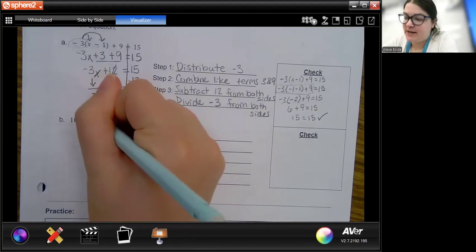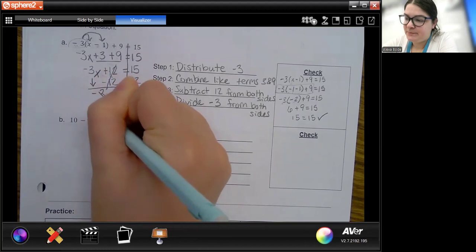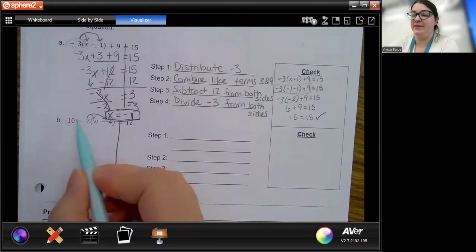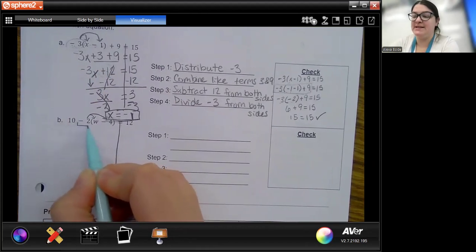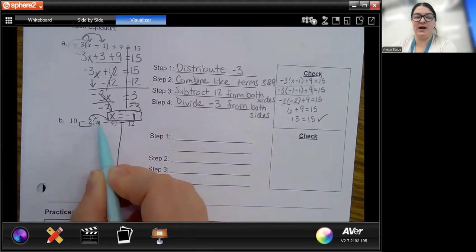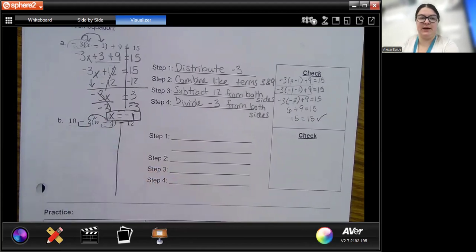So I'm going to use my funky arrows to distribute in. But again, think about that subtraction sign as a negative. This -2 means that it's a -2. So I have to do -2 times W and then -2 times -4 because that minus is also a negative.